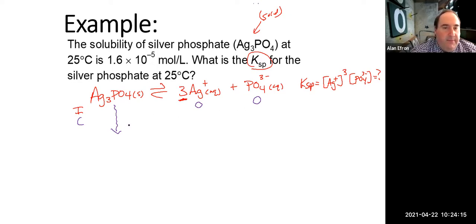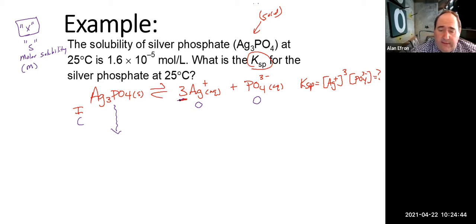When we do Ksp problems, we actually will a lot of times not use x. You could use x if you really wanted to, but a lot of times people use another letter. They use the letter S. And what does S represent? S represents what is known as the molar solubility, which is basically the molarity. So we do it the same way as we would with x.